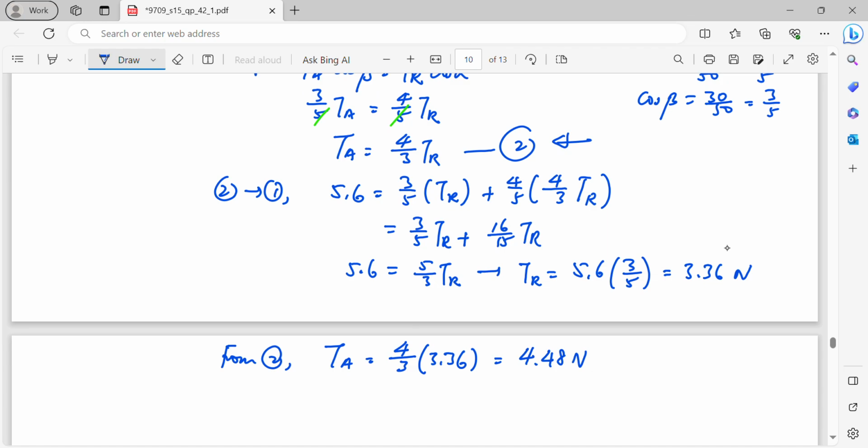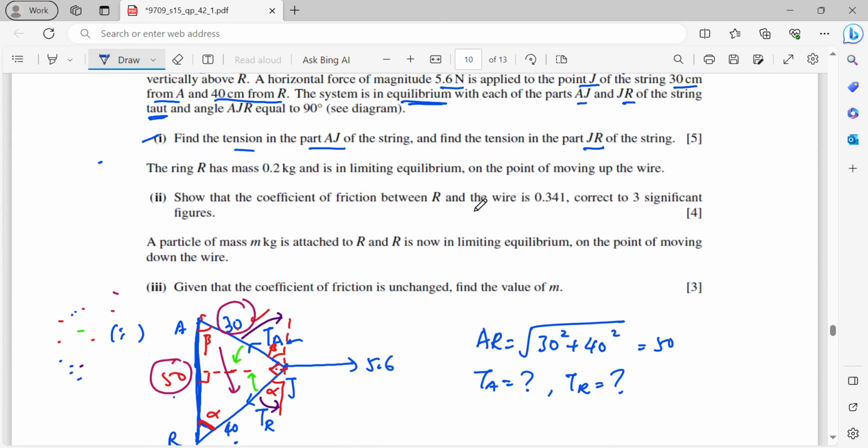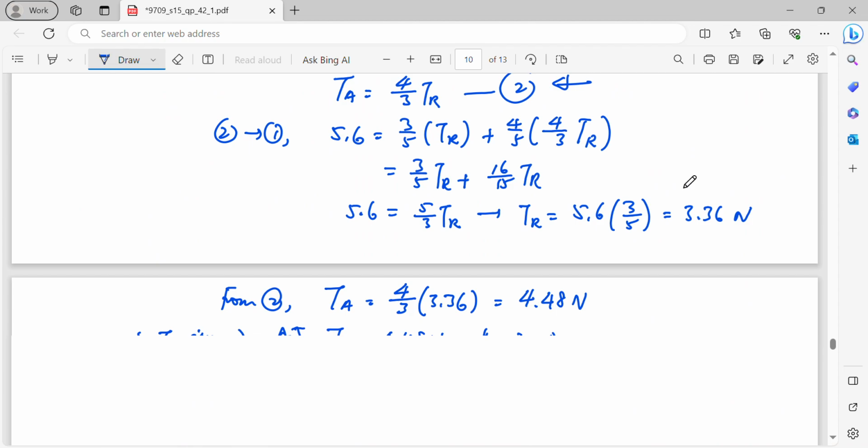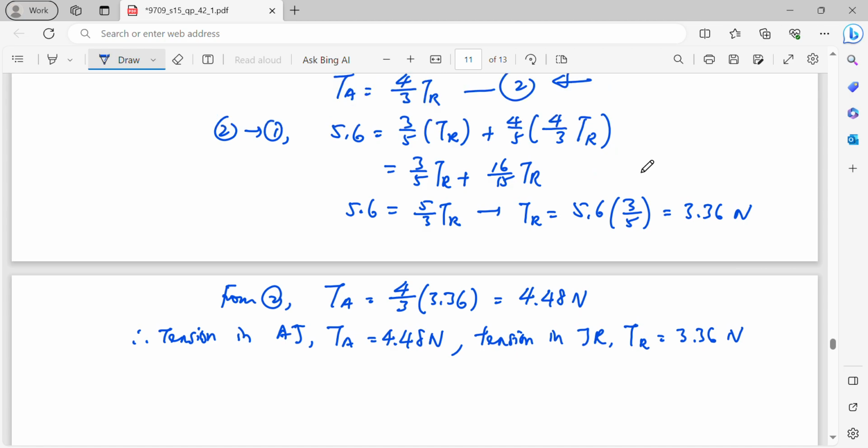So then you can just write down tension in AJ, which is TA equals 4.48 newtons, and tension in JR, which is TR, I will get 3.36 Newton. So that's the solution for the first part.